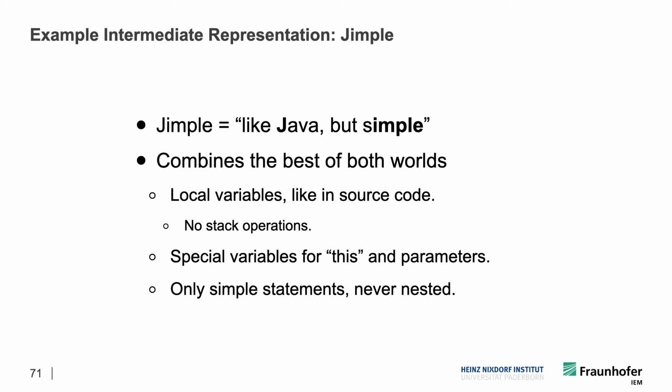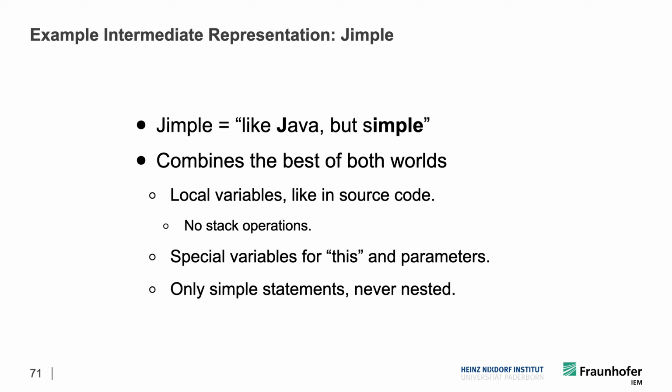The idea is that it combines the best of both worlds, of both source code and bytecode. In particular, it does have local variables like in source code, so there are no stack operations that you need to deal with. That means every single statement directly declares what kind of operands it's operating on. That makes the analysis simpler.